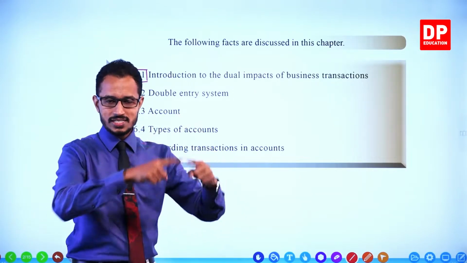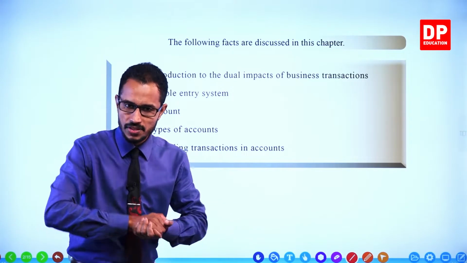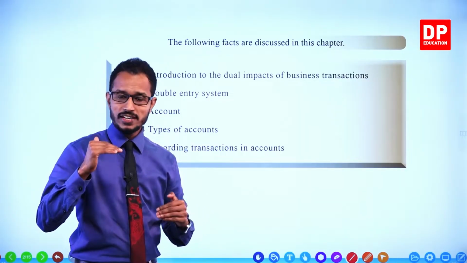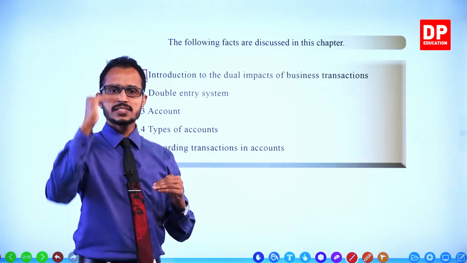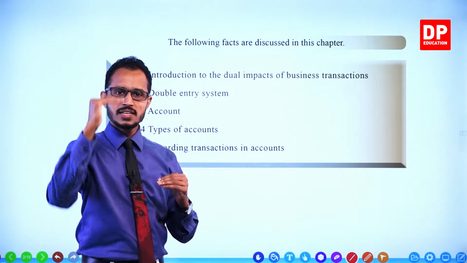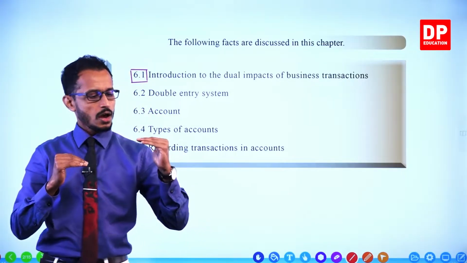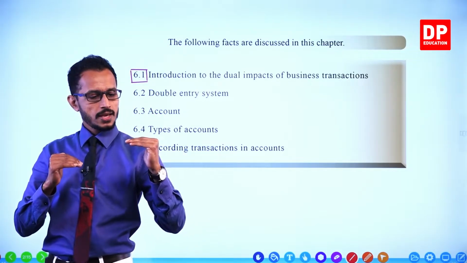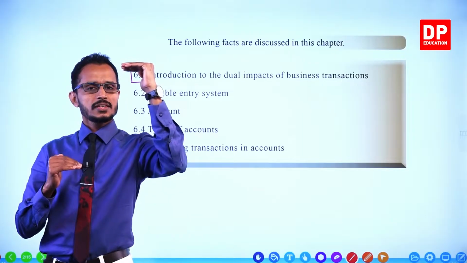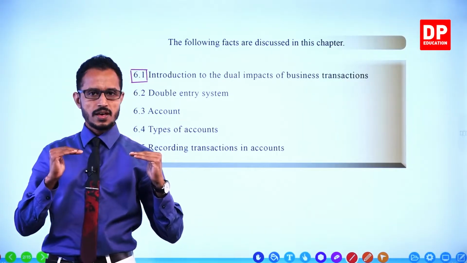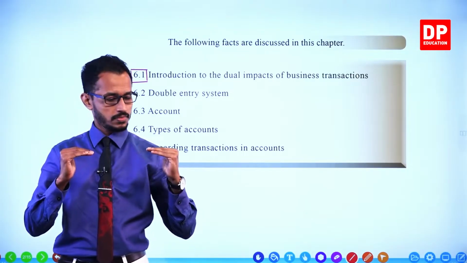After a transaction happens, how does that transaction increase assets or decrease assets? At the same time, how does the transaction increase liabilities or decrease liabilities?